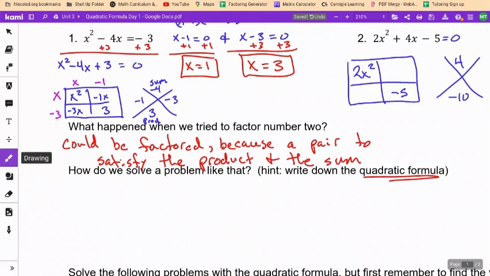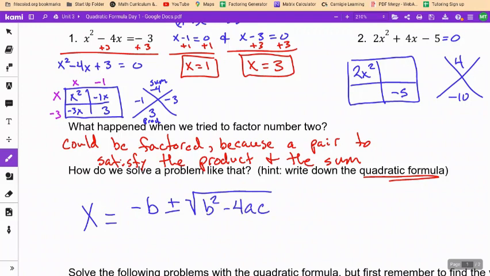Okay, so anytime we're working with a formula, it's just about identifying the variables and substituting in. So the quadratic formula is x equals -b plus or minus the square root of b squared minus 4 times a times c, all divided by 2a. Okay, and so this is our quadratic formula. You don't have to memorize it. It will be provided for you. But here is the quadratic formula.